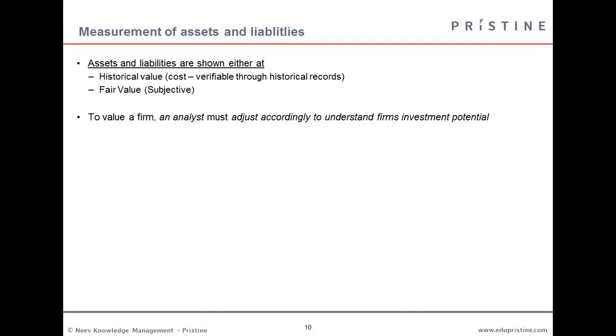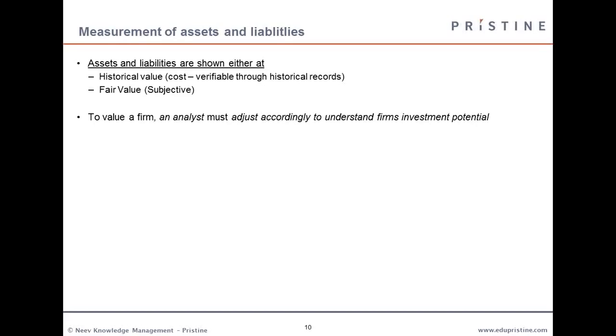The second method is fair value, which is subjective, because it depends on the market and the beliefs, and a lot of factors come into play. So in that case, if the land value changed to say 5 lakhs today, the fair value becomes 5 lakhs, and the reporting is done at fair value, which is 5 lakhs.